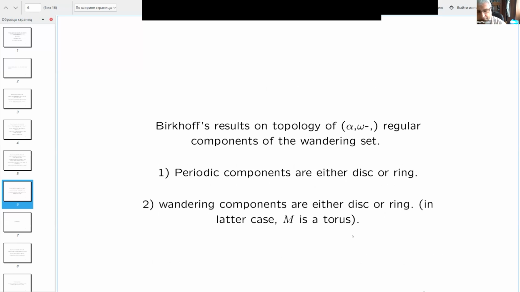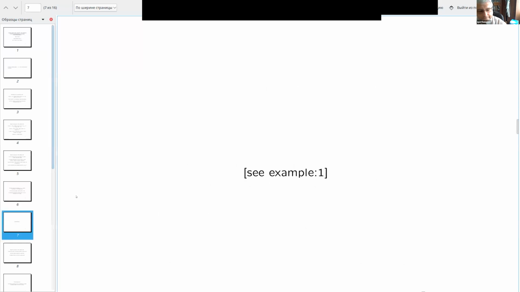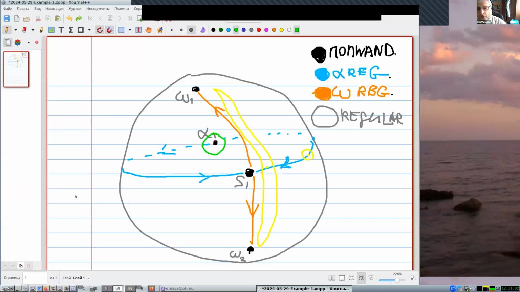They are classic theorems. For example, here we have a regular component, a set of white points, which is a disk.